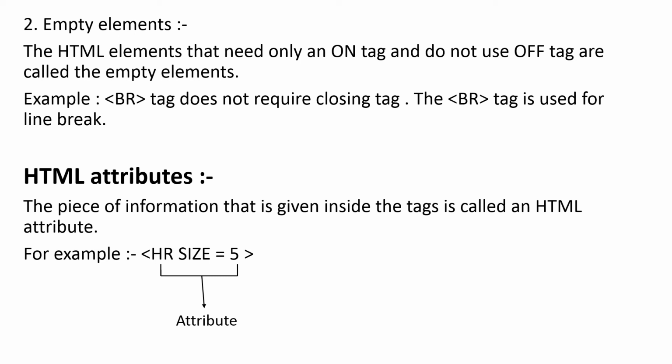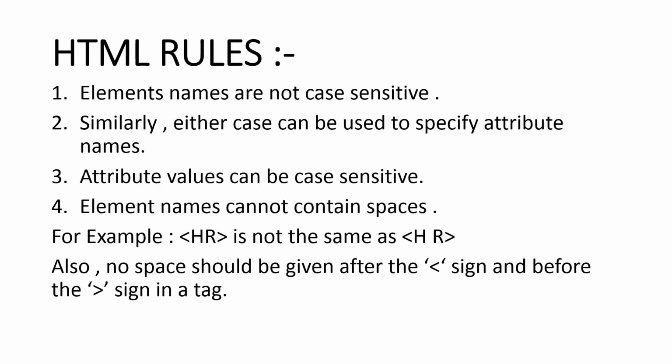Fine. Now the next point that we are going to study is HTML rules. There are certain rules to write the HTML code. Okay, very basic rules. First is element names are not case sensitive. Case sensitive means you can write the element names in capital letters, or you can write the element names in small letters. Whichever type is comfortable to you, you can use.